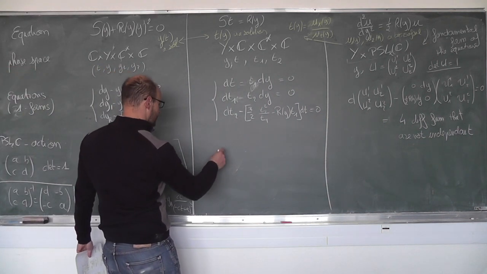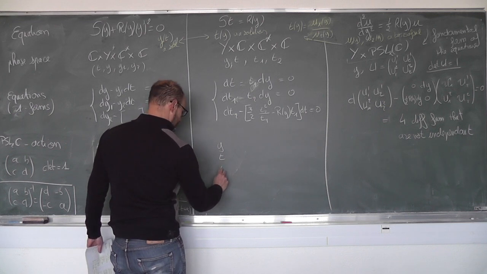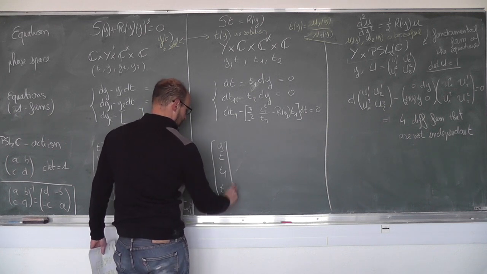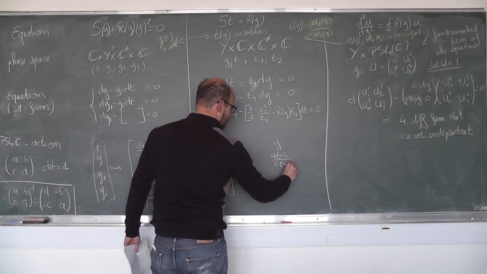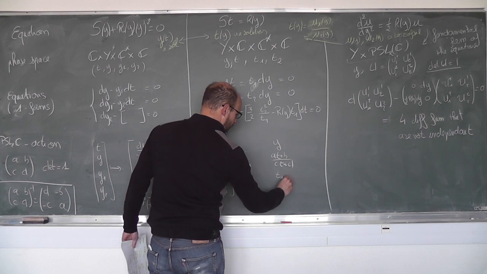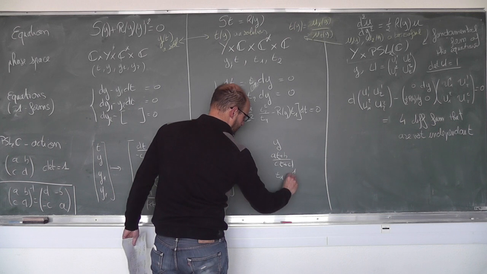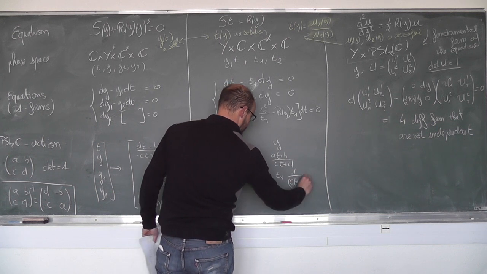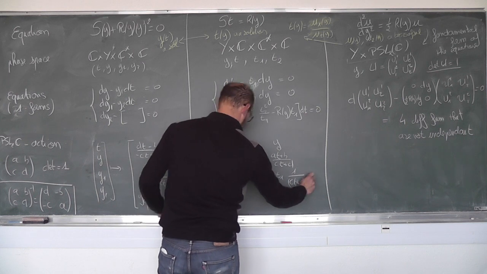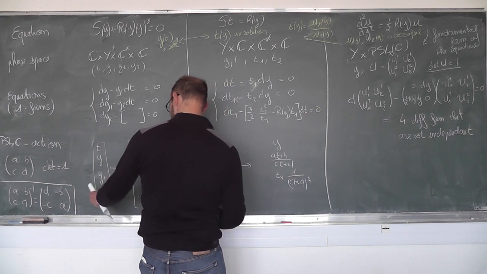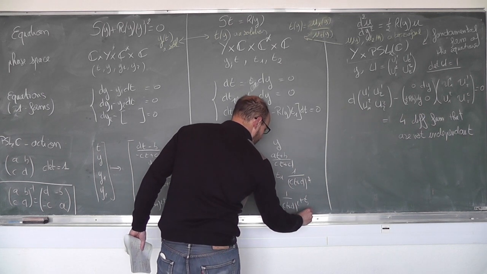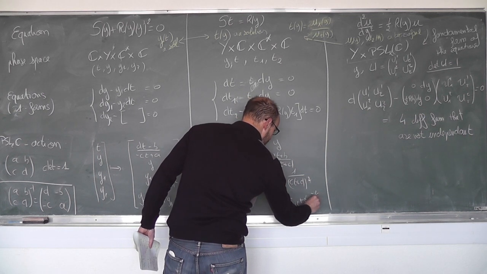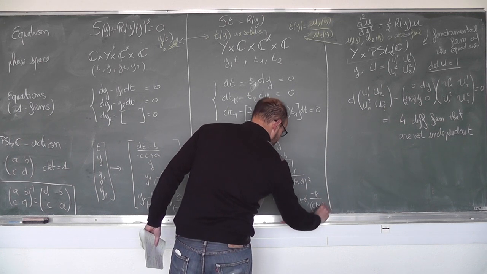So here the group action is Y, T, T1, T2 is sent to Y, (AT plus B) over (CT plus D), T1 times 1 over (CT plus D) squared, and then it's minus T2 over (CT plus D) squared plus T1 times minus 2C over (CT plus D) cubed.